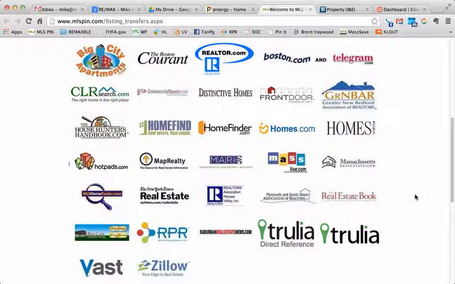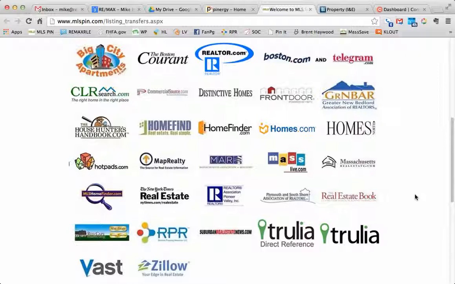Boston.com, Trulia, Zillow. Those are the big ones in our area. Realtor.com a little bit. But it's really important to know that those contingency statuses, the under agreement statuses, sometimes aren't updated for 1 to 2 days, and sometimes not at all, depending on what the syndicate site is able to receive.